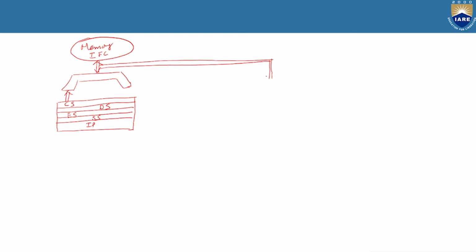So the instructions from memory are fetched in advance and they are stored in FIFO, that is first in first out register, which is of 6 bytes length.